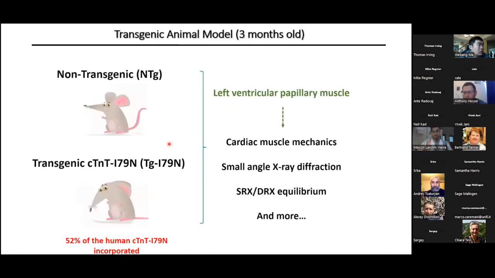To test our hypothesis, we use this transgenic animal model, where we have a non-transgenic mouse as our control and a transgenic mouse carrying the human TNT I79N. The incorporation of the human mutated troponin T was 52%. From these animals, I used the left ventricular papillary muscle to perform a series of experiments, and I will show the results now.